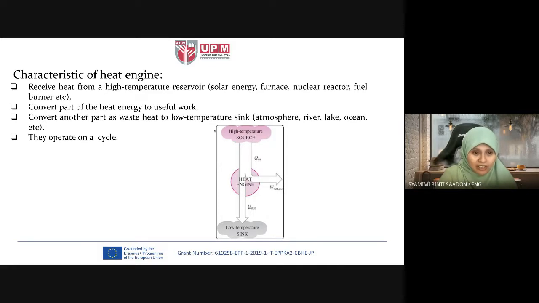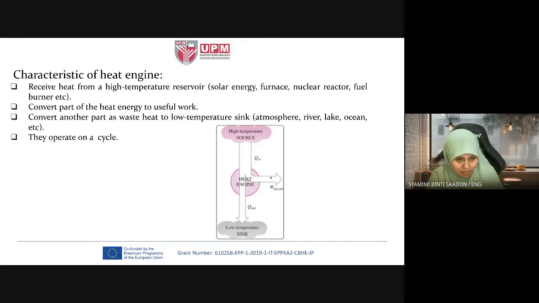The heat engine will receive energy from the heat source and convert part of the heat energy to useful work, net power output. But not all. Of course, not 100% of the heat source will be converted to useful work. That's why we have the efficiency of the engine.